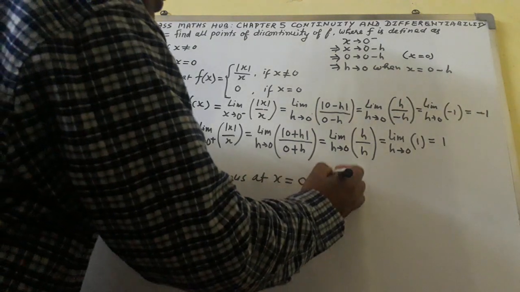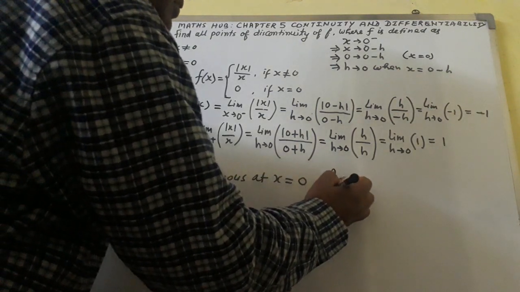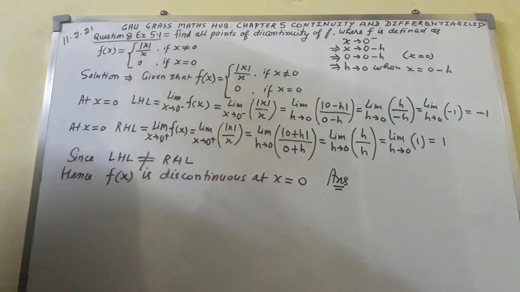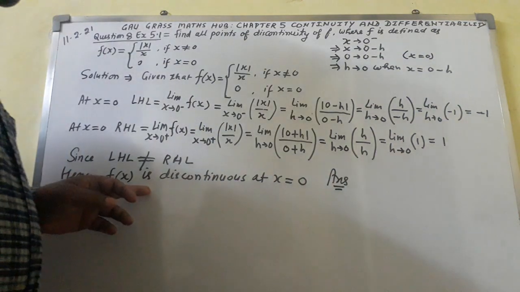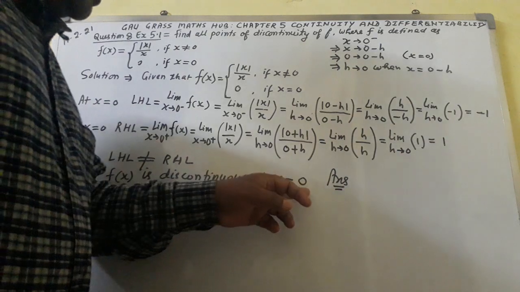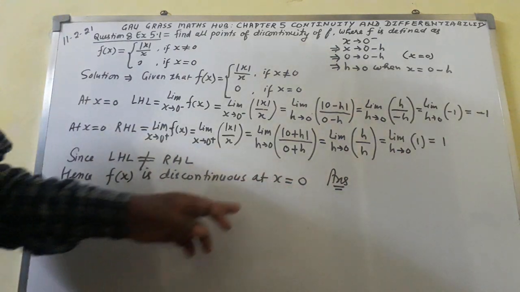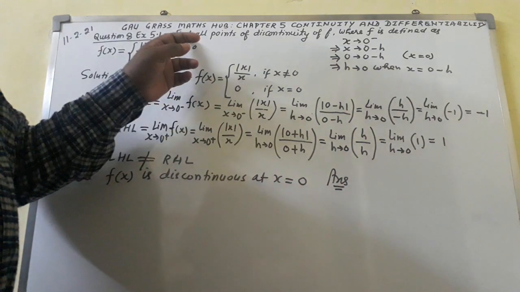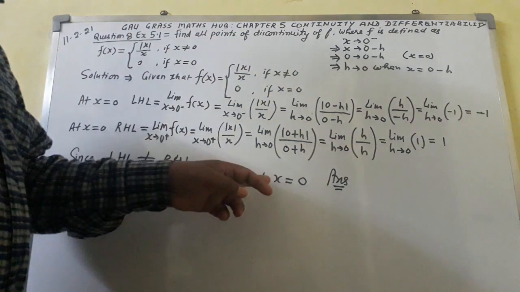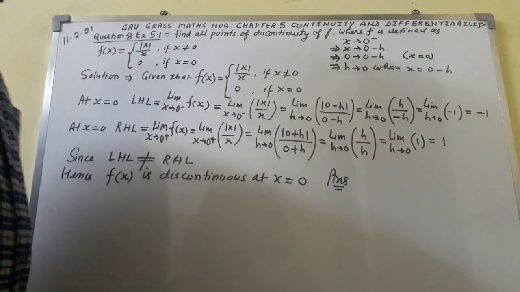This will be the answer. My answer is that f of x is discontinuous at x equal to 0. The correct answer is that the point of discontinuity is x equal to 0.